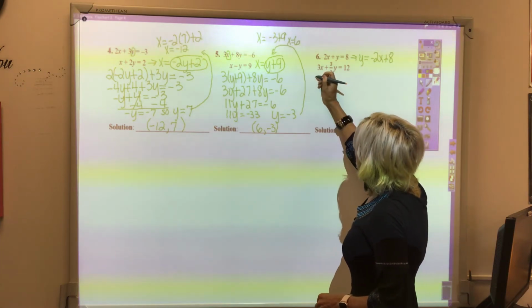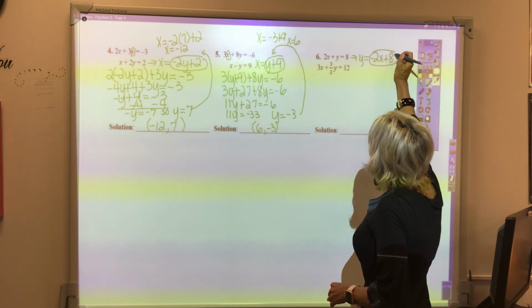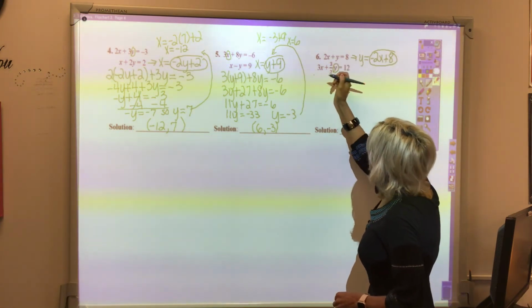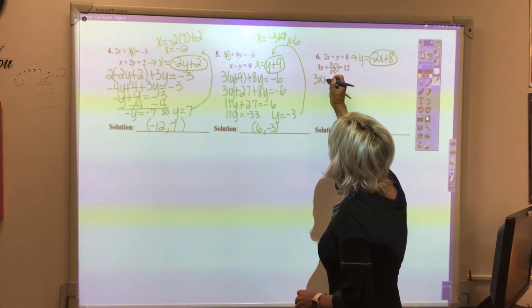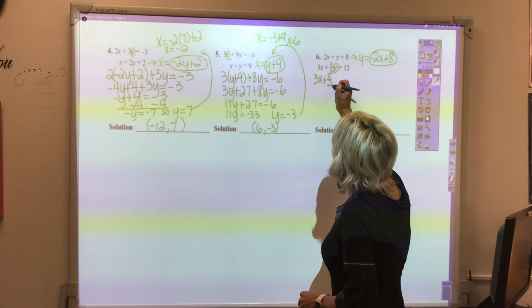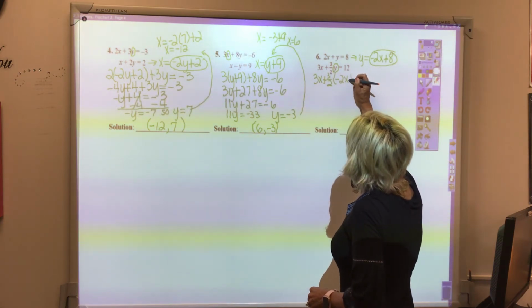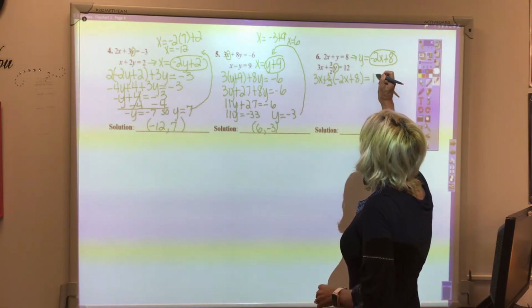So I'm going to substitute negative 2x plus 8 in the second equation where y is. 3x plus 3 halves times negative 2x plus 8 equals 12.